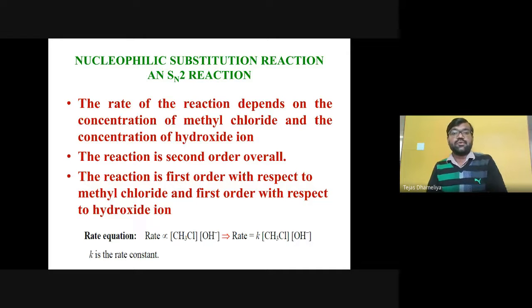Now there are two types of substitution reaction, which one is called SN1, other is called SN2. First, let us start from SN2. Because SN2 reaction is a kind of easier reaction, which is easy to understand. थोड़ा SN1 is little tricky, little difficult to understand, इसलिए SN1 को बाद में पढ़ेंगे. पहले we will focus ourselves on SN2.